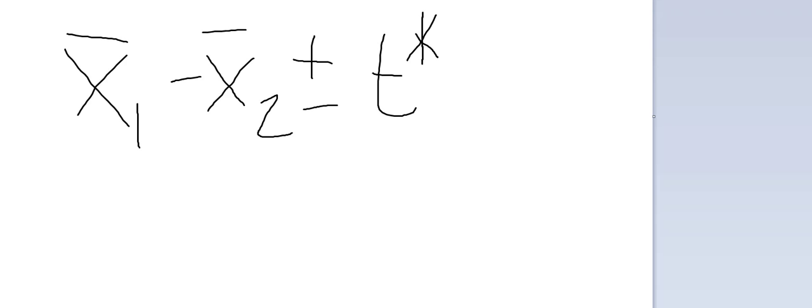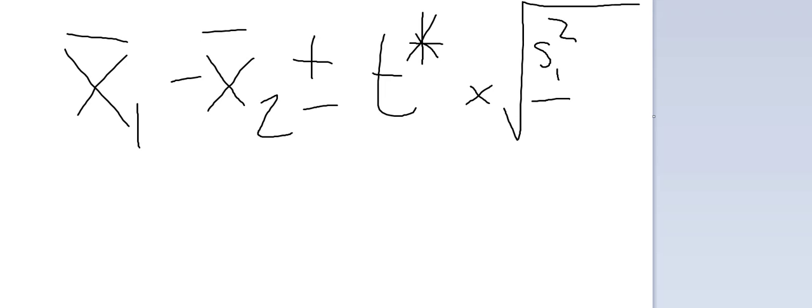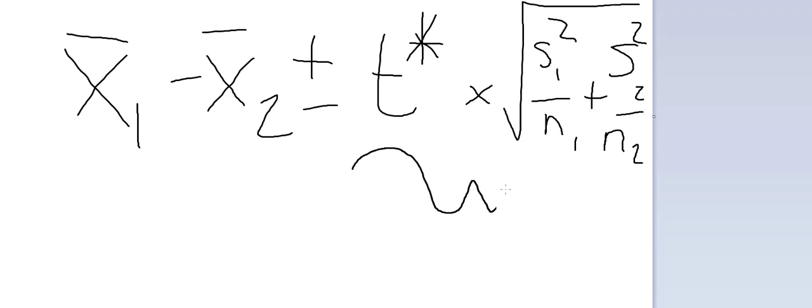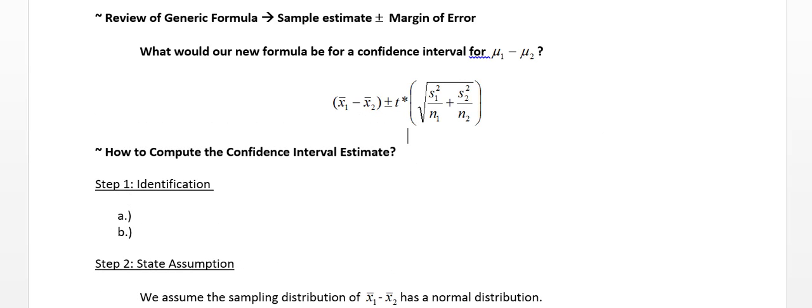And then our margin of error is going to be t star times standard error, which is the square root of s sub 1 squared over n sub 1 plus s sub 2 squared over n sub 2. So remember that this product, t star times standard error, is what we call margin of error. So that's the new formula.